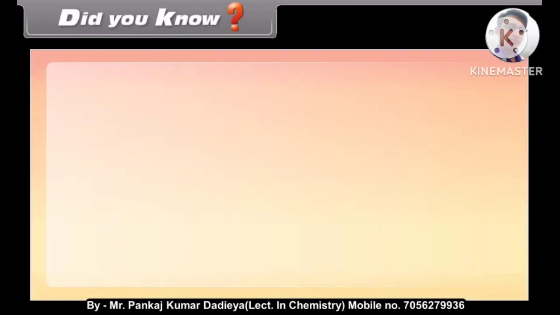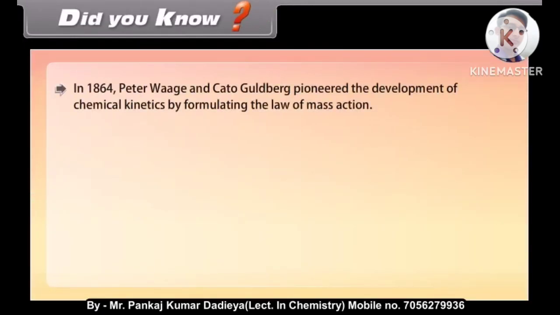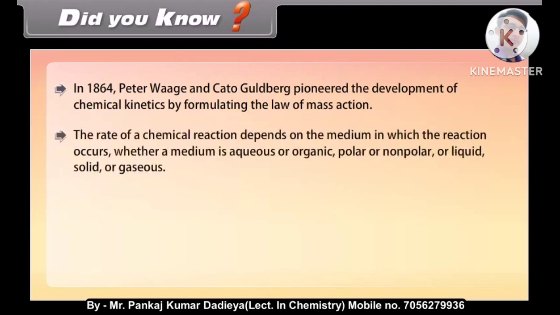Did you know? In 1864, Peter Waage and Cato Gullberg pioneered the development of chemical kinetics by formulating the law of mass action. The rate of a chemical reaction depends on the medium in which the reaction occurs, whether the medium is aqueous or organic, polar or non-polar, or liquid, solid, or gaseous.